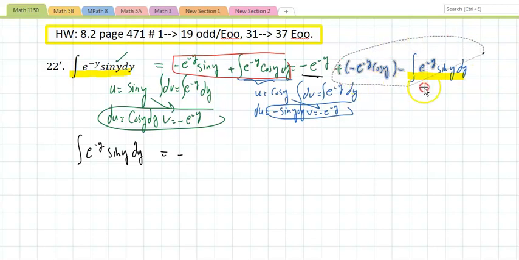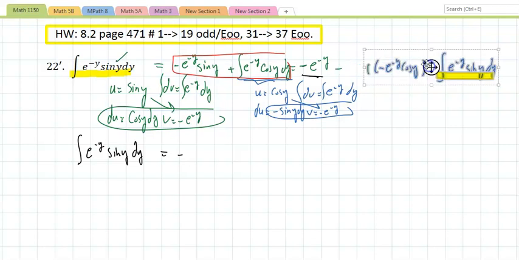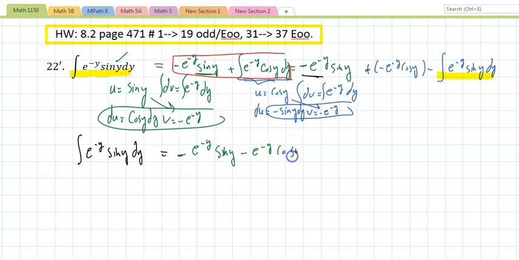There's a sign right there, it's this term. There we go. So, I'm going to see a negative e to the negative y sine of y minus e to the negative y cosine of y.